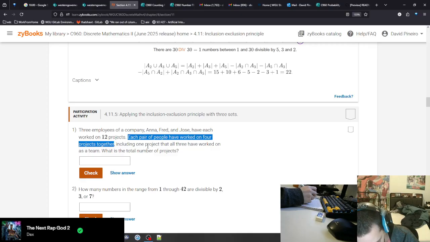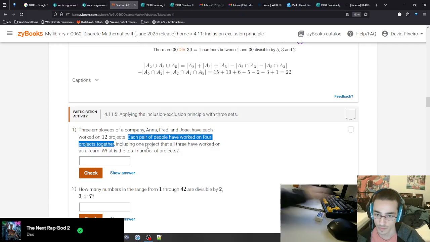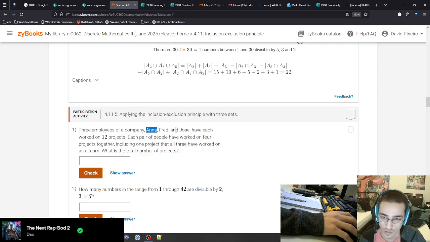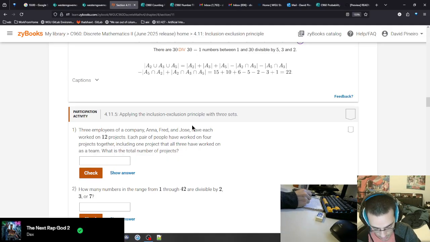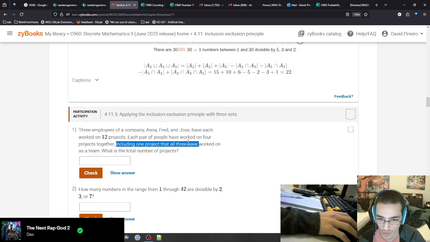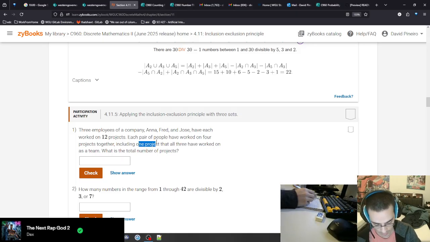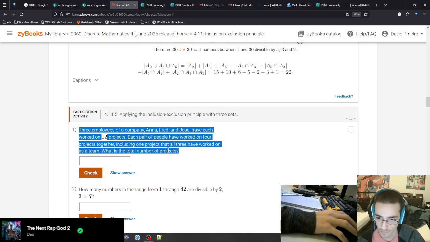I'm just gonna start adding these up. 12 plus 12 plus 12 minus the intersections of the pairs, Anna Fred, Fred Jose, and Anna Jose. So I subtract those. Then I add the intersection of all of them, and they say that all 3 of them have worked on one project. So add 1. What is the total number of projects?